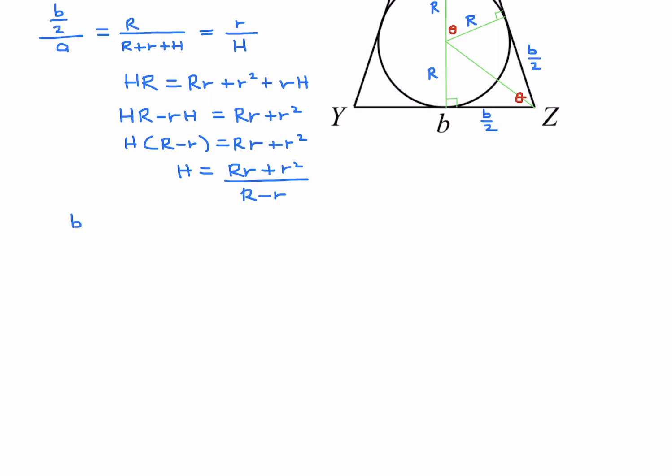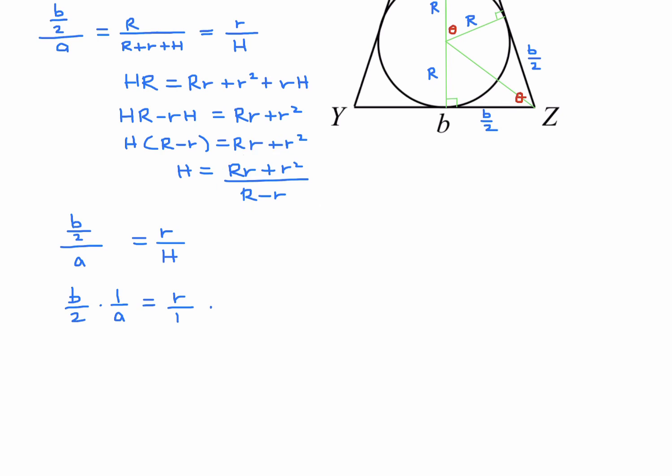So now I've got b over 2 over a is equal to r over h. But h I just got in that form. So let's do the math here. B over 2, invert and multiply, and I get 1 over a. And then here I get r over h. But instead of dividing by h, I'll just invert and multiply by this guy.